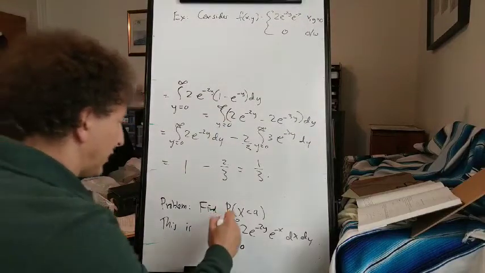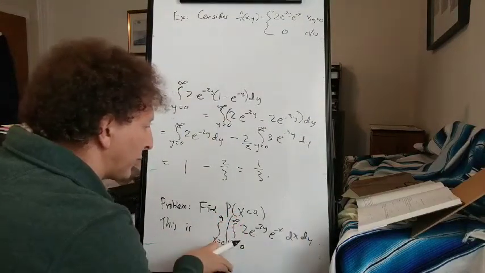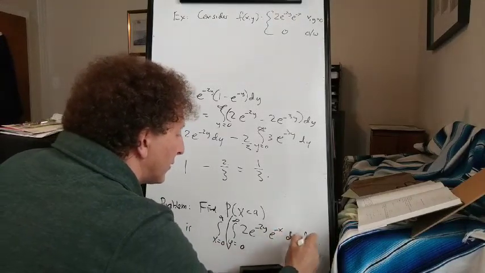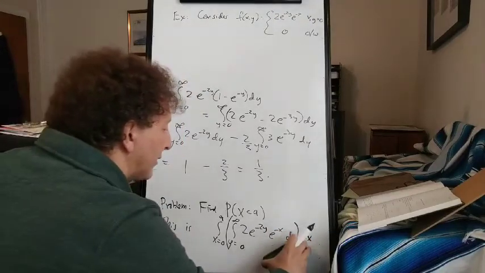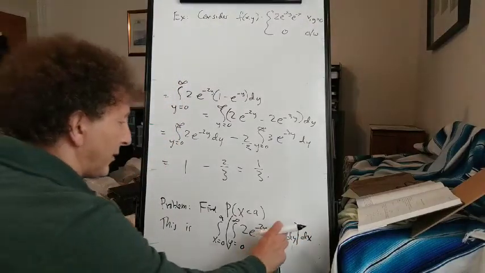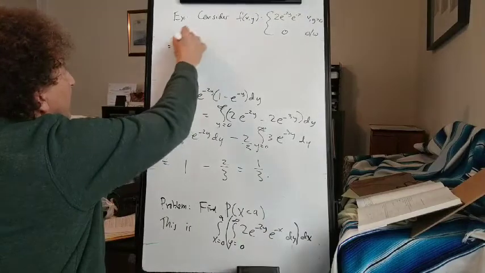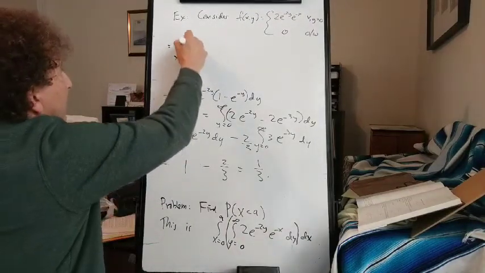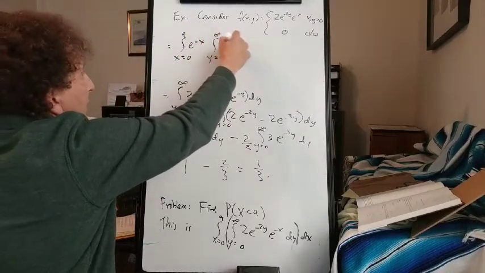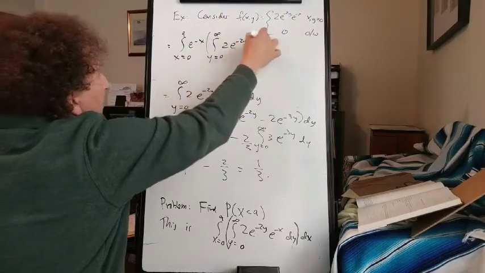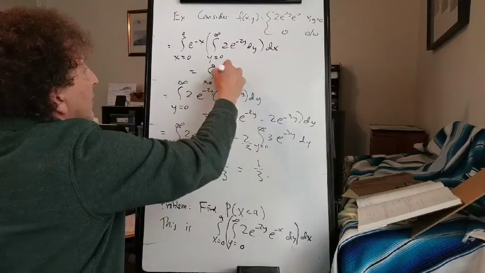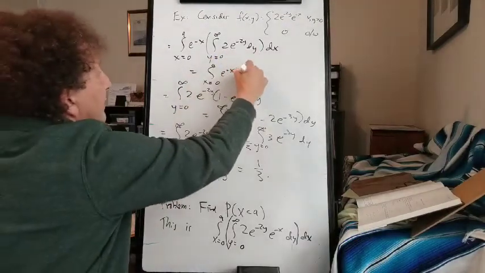Alright, now the inside integral here, oops, we're integrating dy first, and then dx after. So the inside integral except for this constant e to the negative x is just going to be 1. This is all 1. That dx.